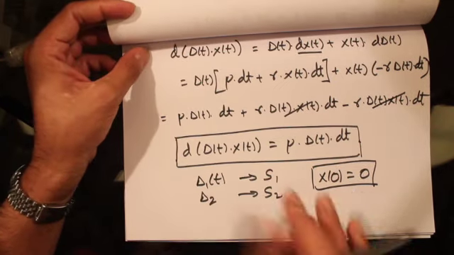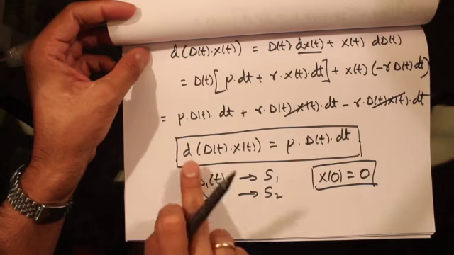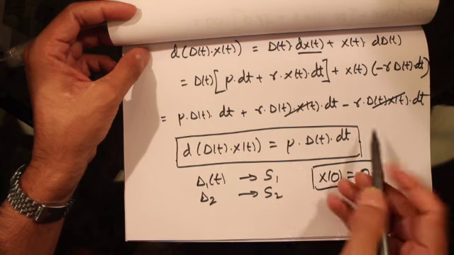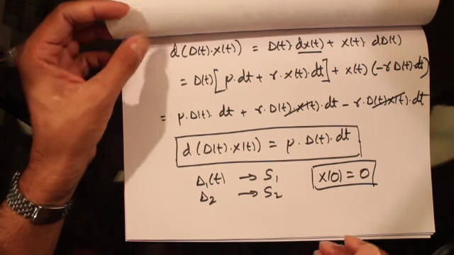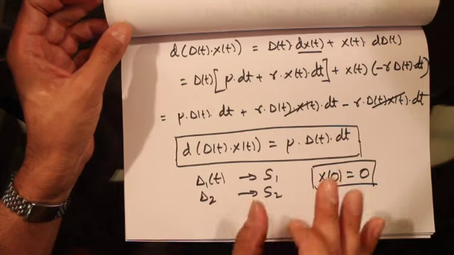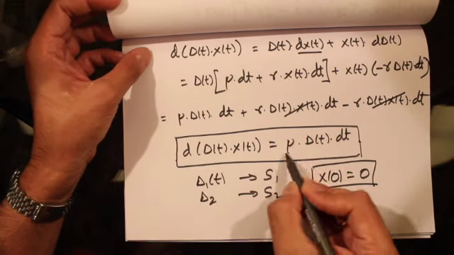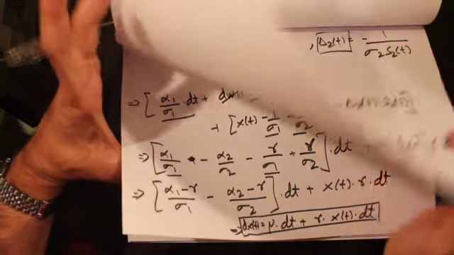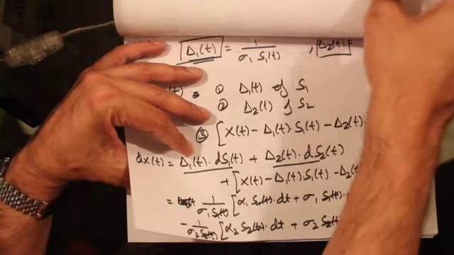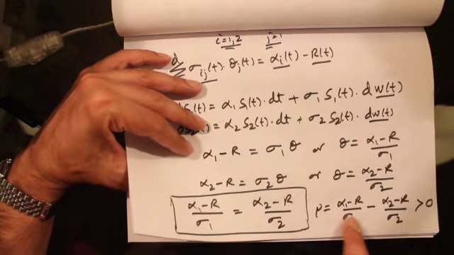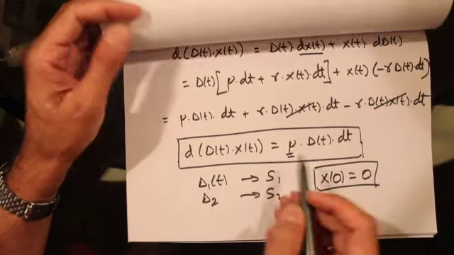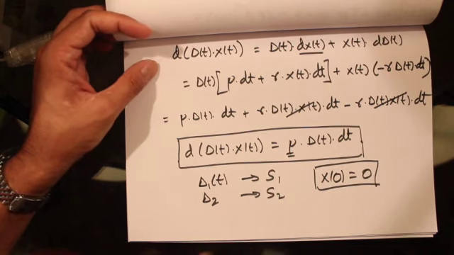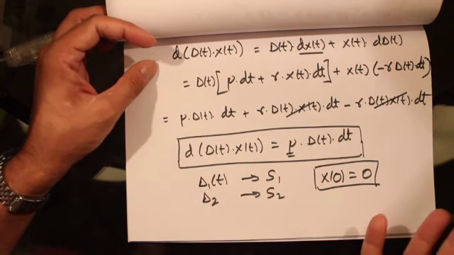So this was 0. Now when we take the differential of this discounted value of the portfolio, the right hand side is non-random and strictly positive. Okay, because mu we said was positive. You remember mu was defined as this, and we said let's assume that this is positive. Dt was our discount function, which is positive, so the derivative of this is positive.